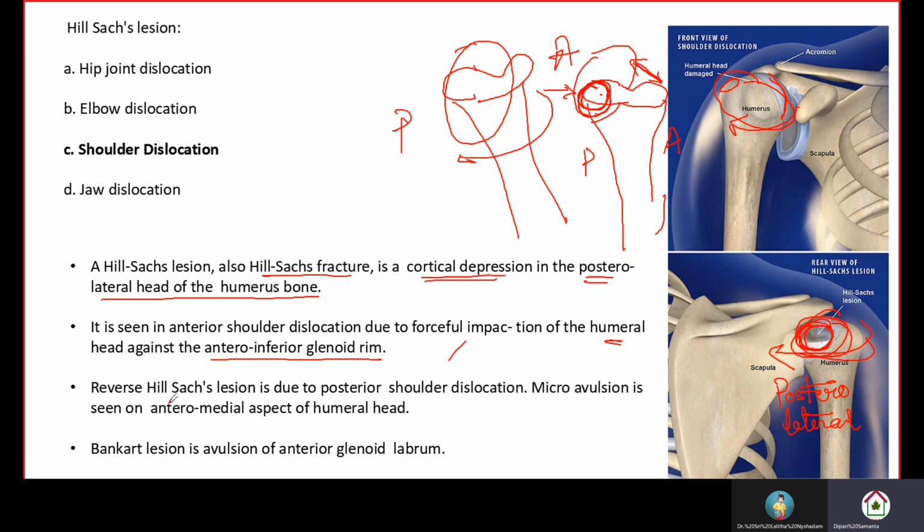Reverse Hill-Sachs lesion is due to posterior shoulder dislocation. Again, it is the same, just opposite. And Bankart lesion is avulsion of the anterior glenoid labrum. Avulsion type of fracture, Bankart.